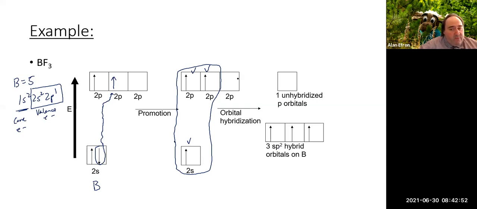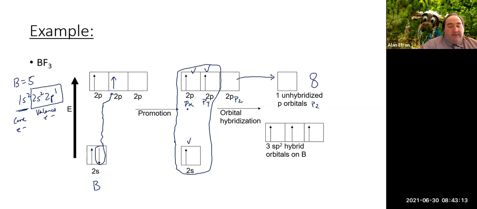We basically have one unhybridized p orbital. There was just this one, and nothing happened with it. It's a regular p orbital. By the way, this represents the px, py, and pz orbitals, which means this one is the unhybridized pz orbital.